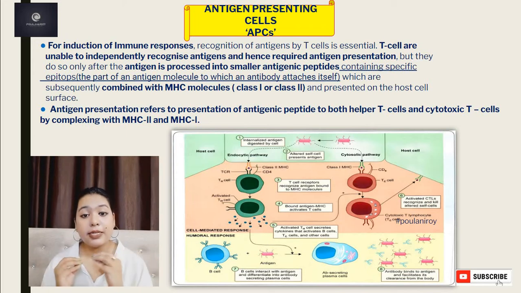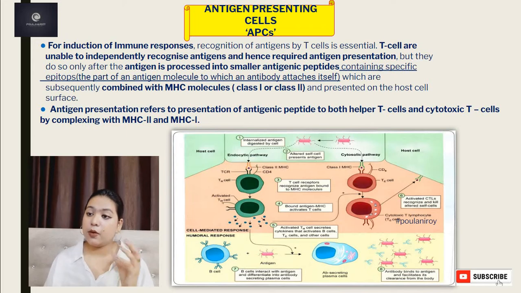These are subsequently combined with the MHC molecule of class 1 or class 2, and they are presented onto the host surface.